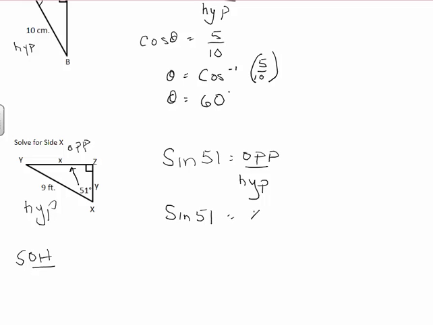Sine 51 equals x over 9. Then our algebra says that we have sine 51 multiplied by 9 equals x, for a final answer of 6.99, or rounded up to 7.0 feet, is x.